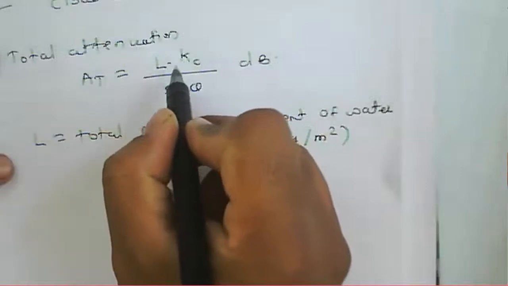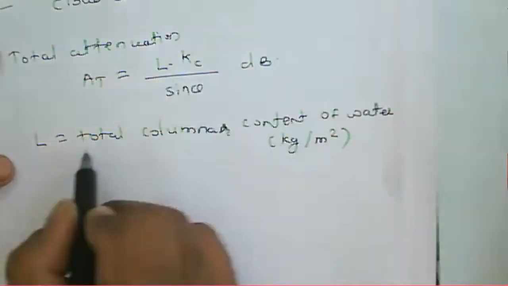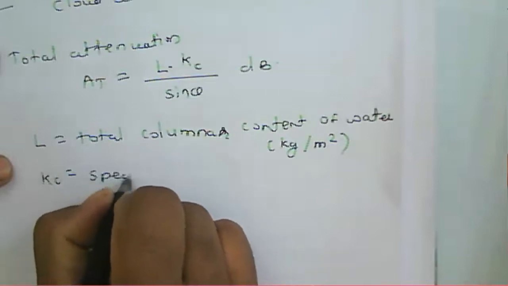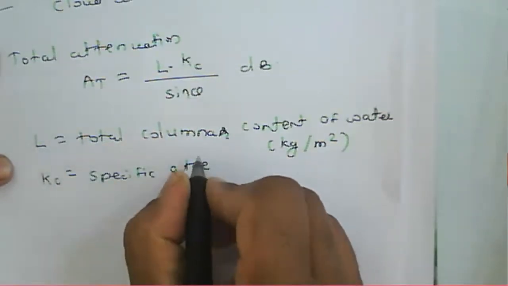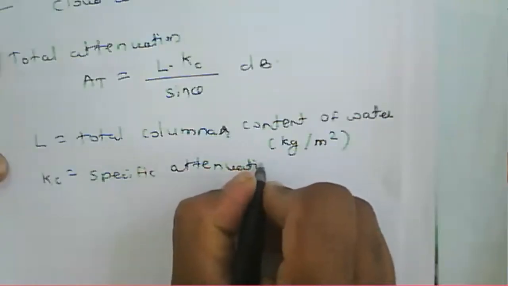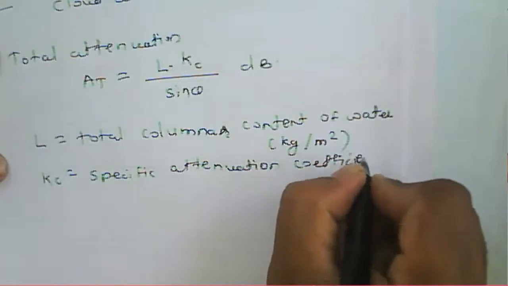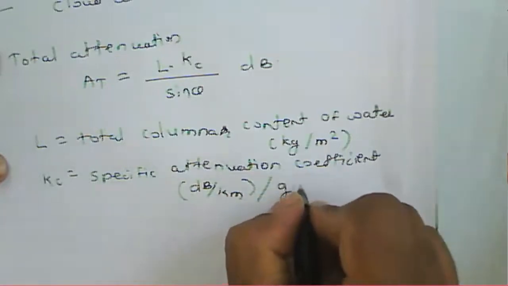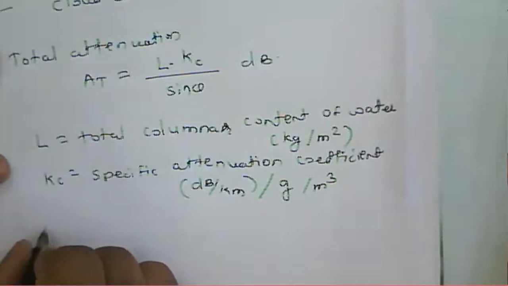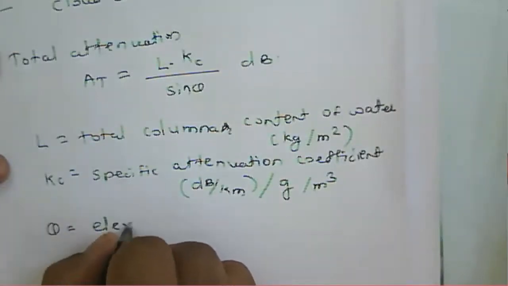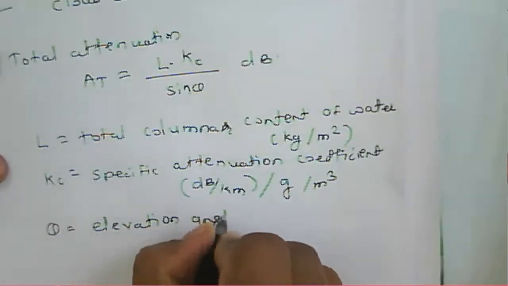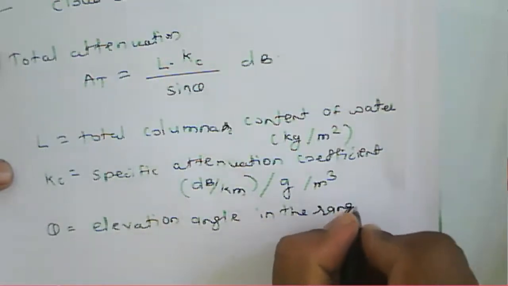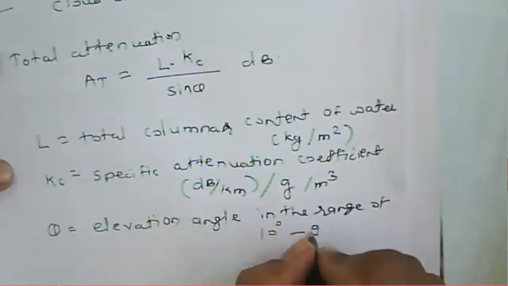So attenuation depends upon L into K_c by sin θ, where L is the content of water, and K_c is the specific attenuation coefficient, in dB per kilometer per gram per meter cube. And that θ is the elevation angle in the range of 10 degrees to 90 degrees.